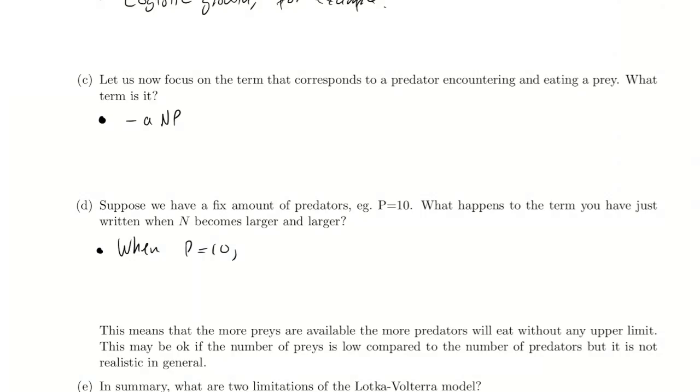When p is equal to 10, the term simplifies to 10a times n. And this term is just going to grow linearly with n. So the larger n gets, the larger the term gets.